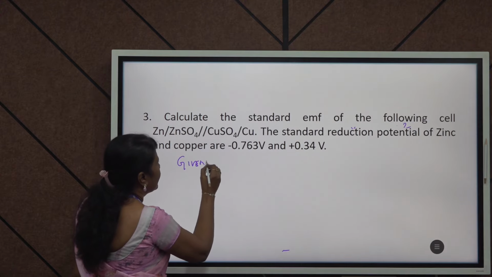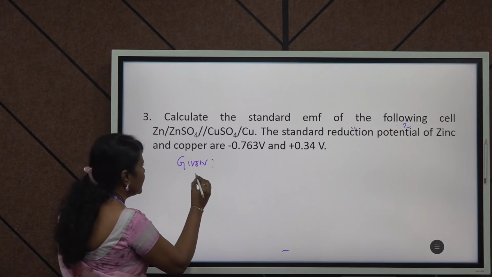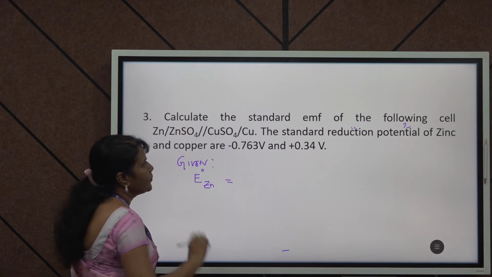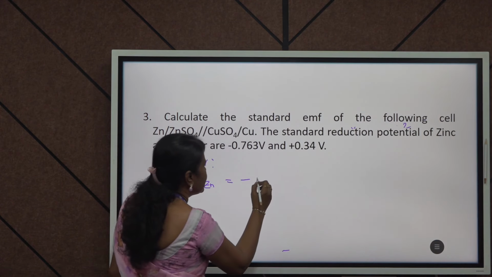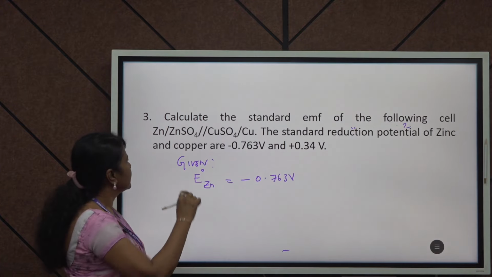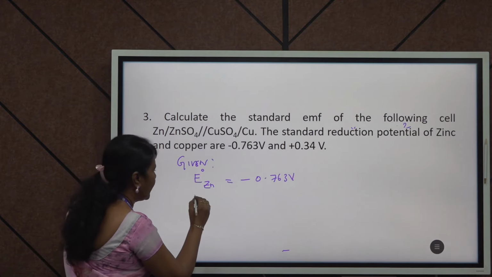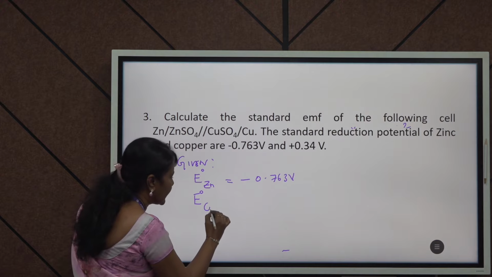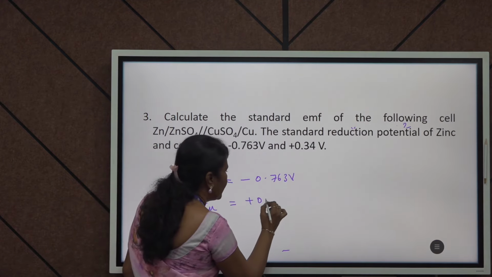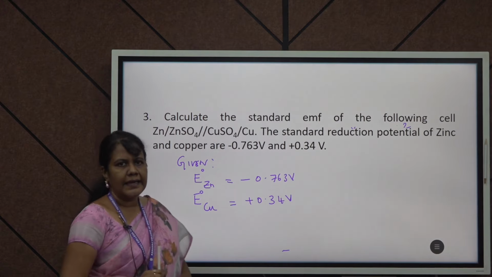The reduction potential of Zn, E naught for Zn, is given as minus 0.763 volt, and the standard reduction potential value for copper is plus 0.34 volt.